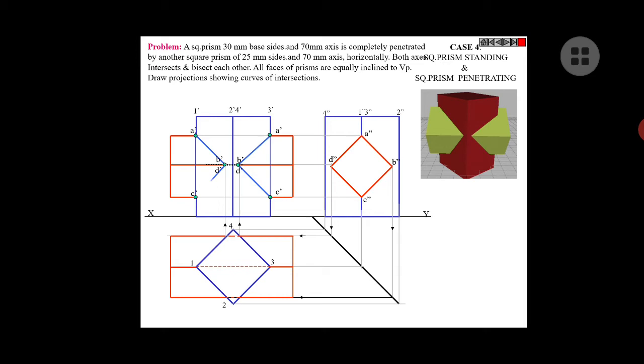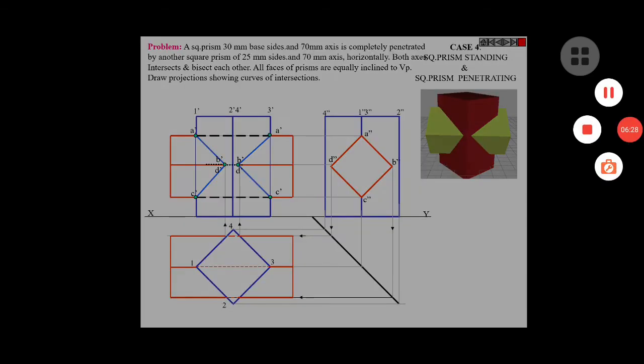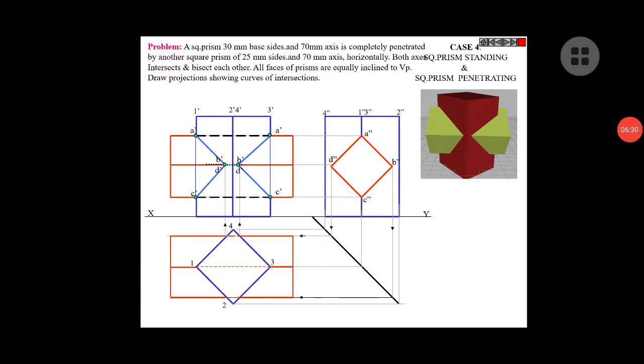In this way, this is shown by dotted line. So this is the actual view which is used for the problem. In this way we see the problem.